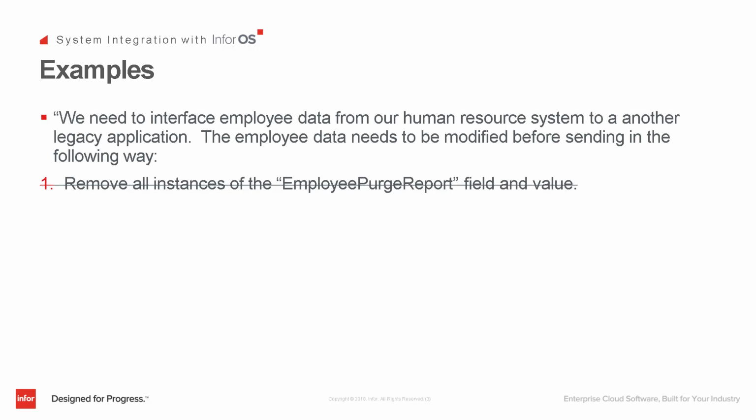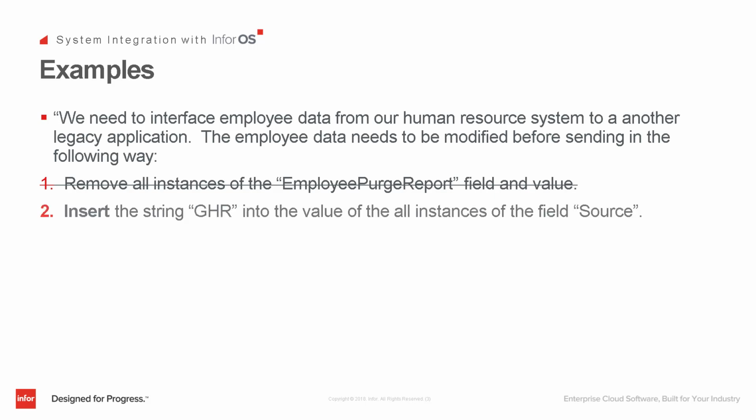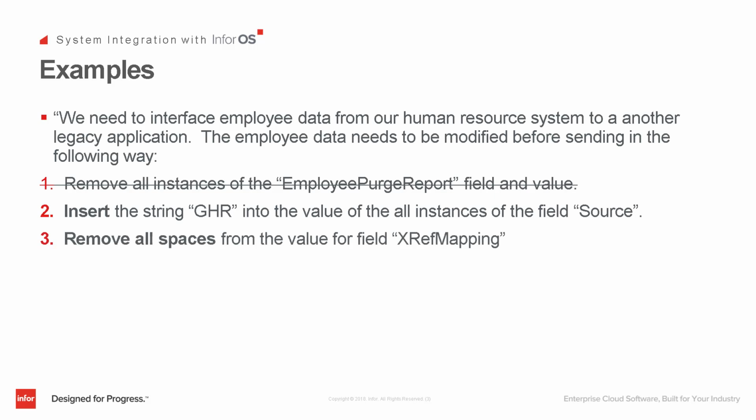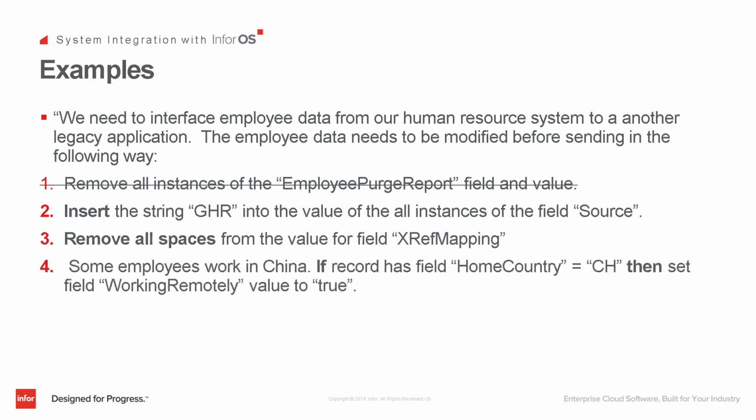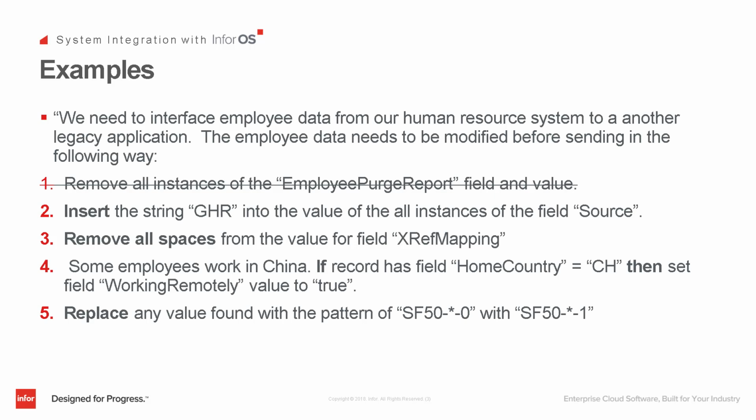We're going to continue with that hypothetical situation with some common string functions that people run into when dealing with system integration. We'll be inserting, removing, and doing an if-then and finding some data. We're also doing a replace based on a pattern. And finally, we'll be doing a numeric function, increasing a field by 3%. Let's get started and see how this is done.